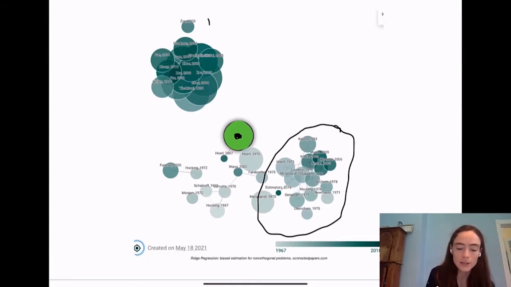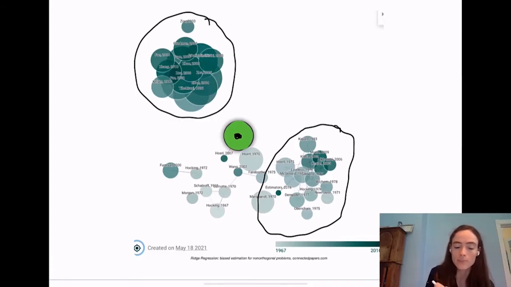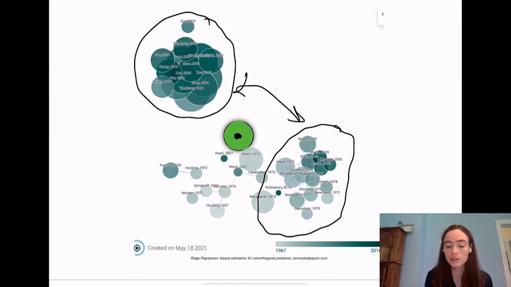And then in the early 2000s, there was another group of papers that were all citing the ridge regression paper and citing each other. But these two groups were separate fields. They're both related to the ridge regression paper, but we can see just based on the structure of this graph that they weren't connected to each other.